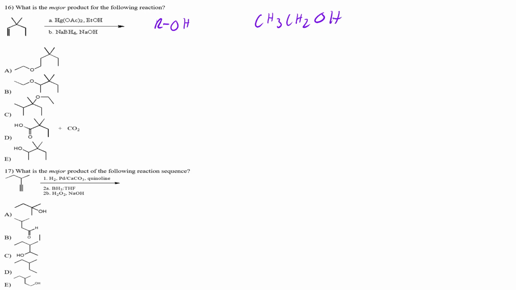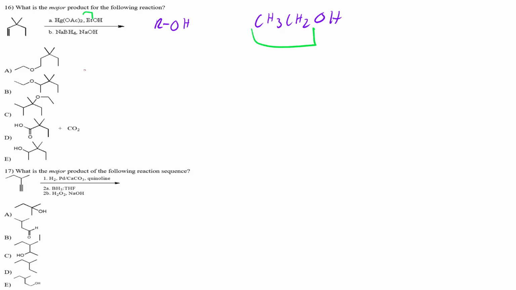If we had butanol, then expect a butyl on your answer. If you had methanol, then you should have a methyl group on your answer. Are you following the pattern? So this ethyl would be the R group. You shouldn't have an alcohol, but you should have an oxygen with an ethyl group.